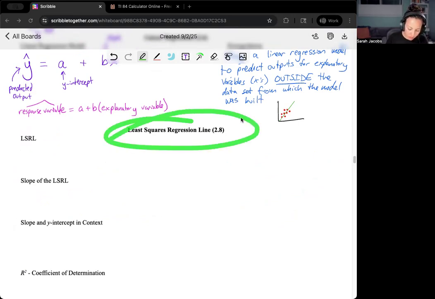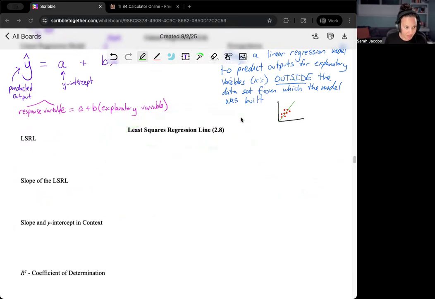Now, least squares regression lines, LSRLs. Again, maybe you talked about this in Math 1. Maybe you didn't. Let's review. An LSRL is a least squares regression line. LSRL. Mystery solved.